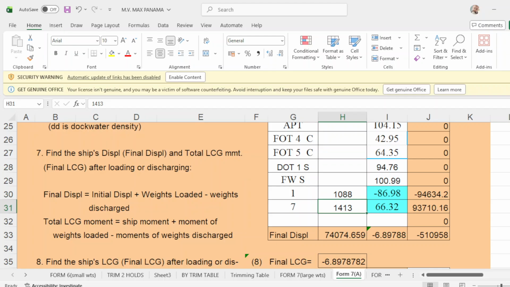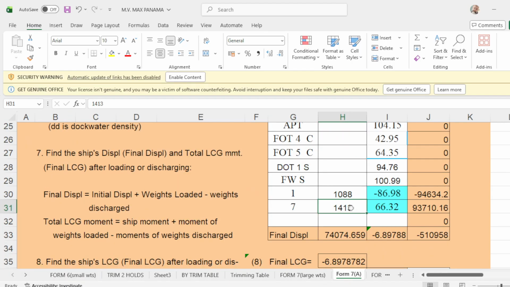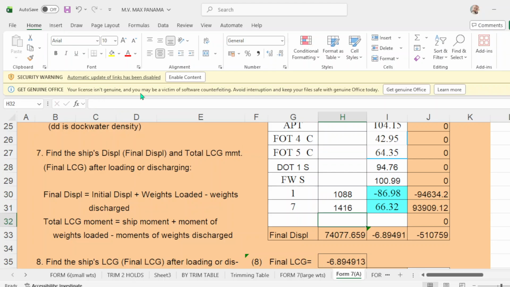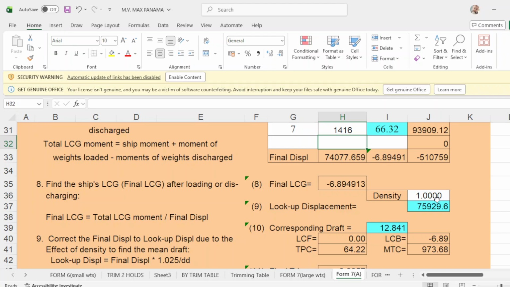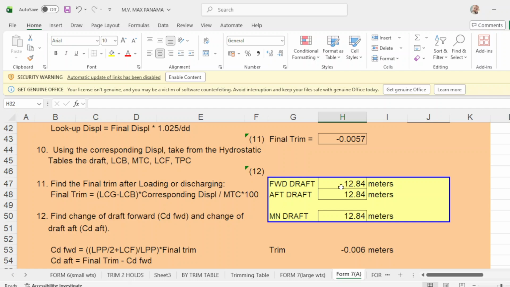And number 7 would be how much? 1416. Then you apply your complete density here, 1.00. This will be your departure draft of 12.84, so even keel of 12.84 forward and aft, and mean 12.84, zero trim.